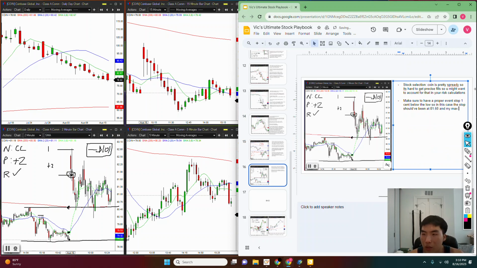And my max risk is $100. So with one lot, 100 shares, the max latest entry point I can get in at is 82.60, right?